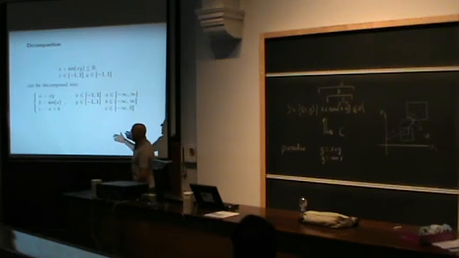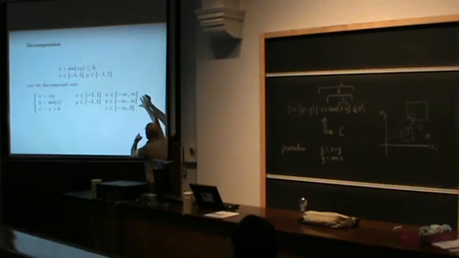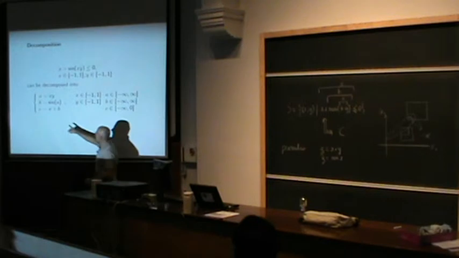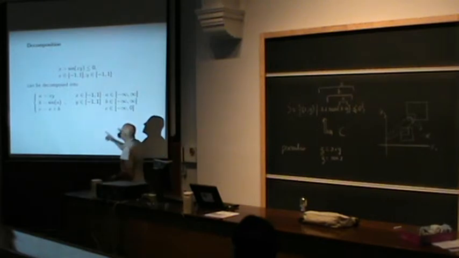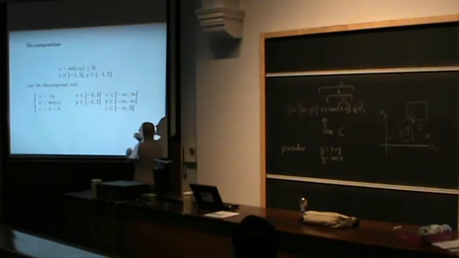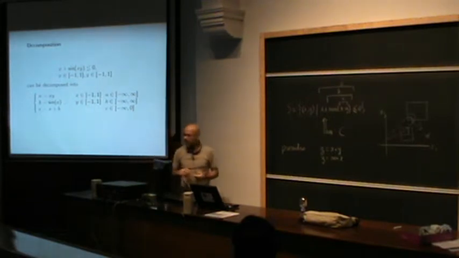Since I have new variables A, B, and C, I will associate domains, minus infinity to plus infinity for A and B, because I don't know where they are. For C, it is different. I know it is negative, so I will associate the domain minus infinity to 0.